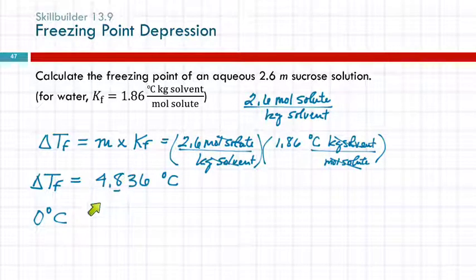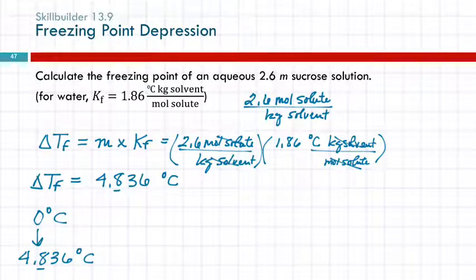And does this mean that the temperature goes up or down? Down, because freezing point depression. It causes the freezing point to go down. So we're going down 4.836 degrees Celsius. So that's going to be a negative number.